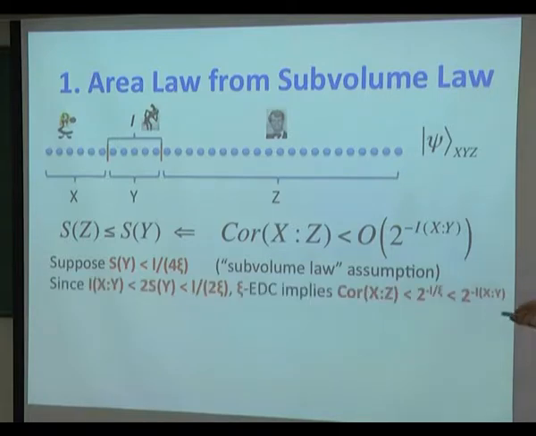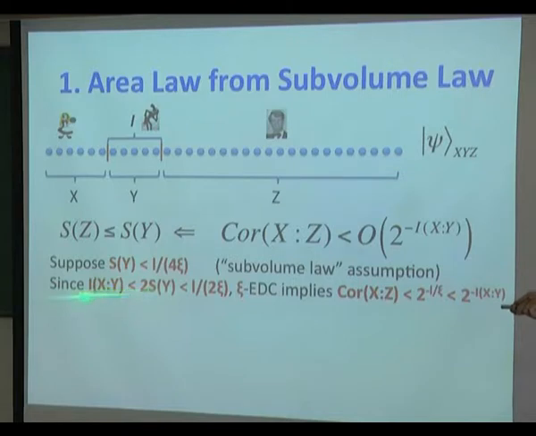How do we do it? It's very simple. If you want to apply this result, you have to compute three things. We have to compute the mutual information between X and Y, or at least bound it. We have to try to bound S of Z, and S of the other region. We don't know this, but this will be our result. But this we have to try to bound somehow. So let's do it.